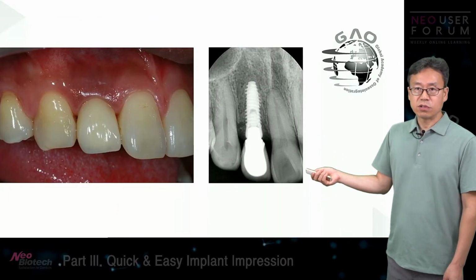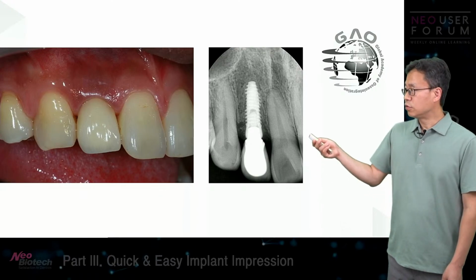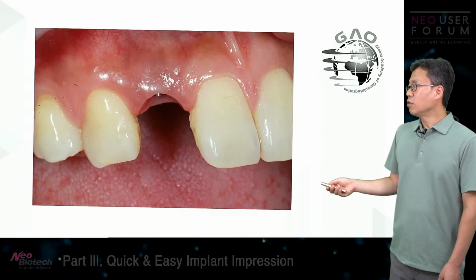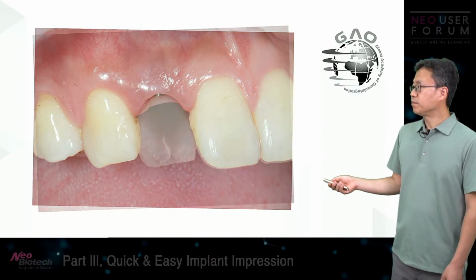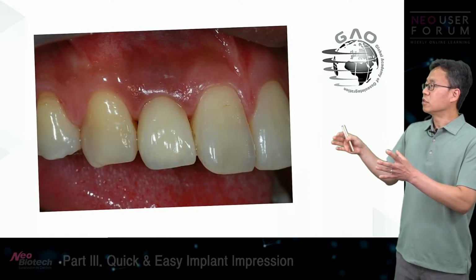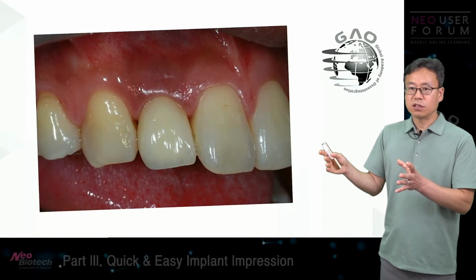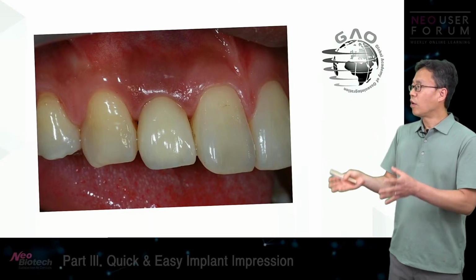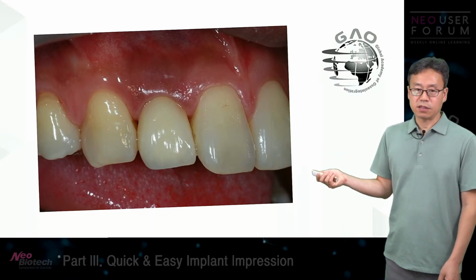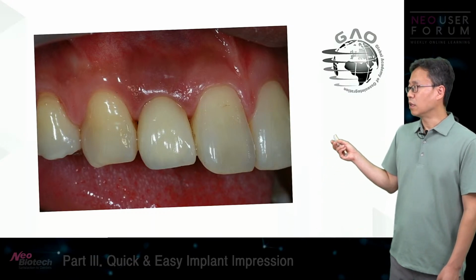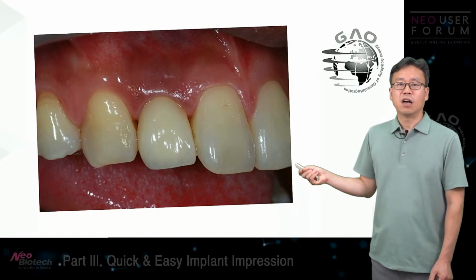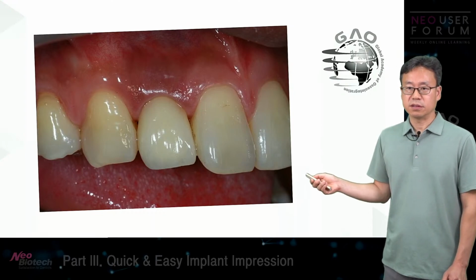And this is the final result. But to come out with this result, you want to have the soft tissue information transferred from the patient's mouth onto the model as accurately as possible. So in these cases, you want to use a custom impression coping.